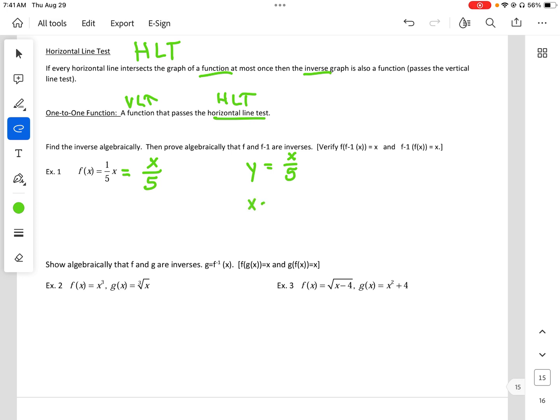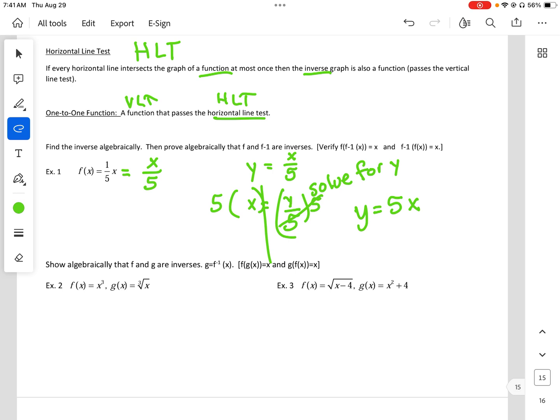So x equals y over 5. Now solve for y. What we did here was switch x and y. Now we want to solve for y, so I'm going to multiply by 5 on both sides. That crosses out, and y equals 5x.